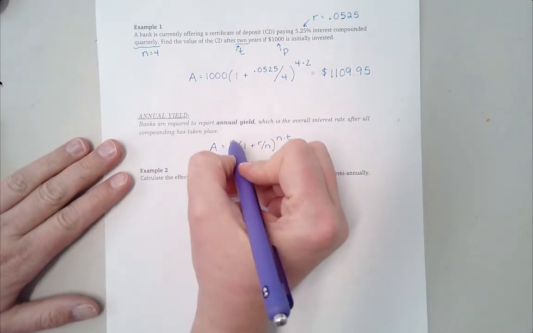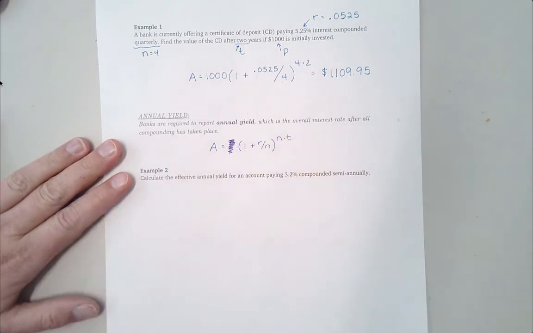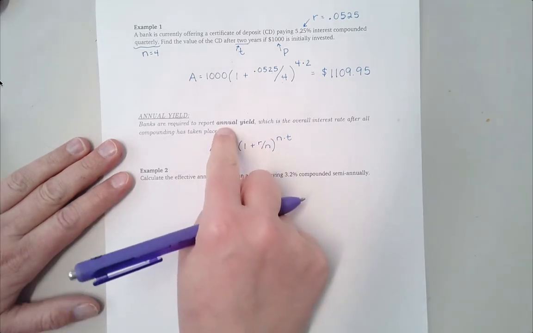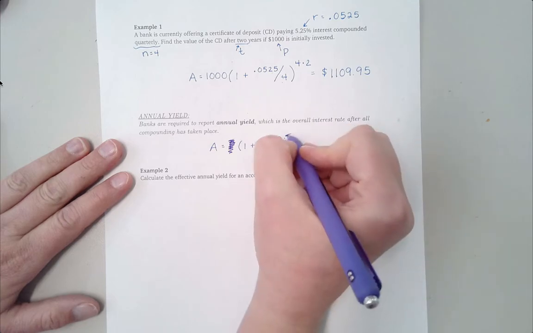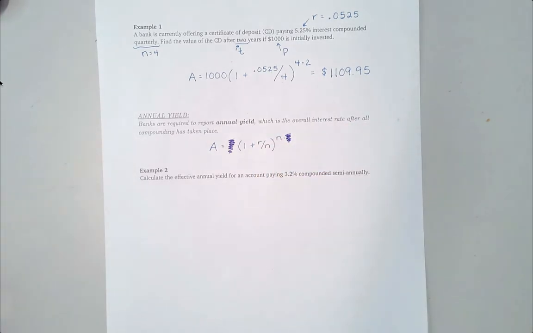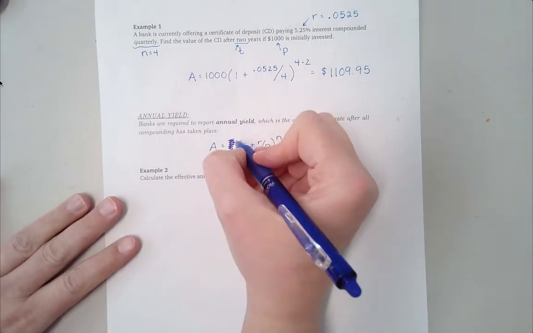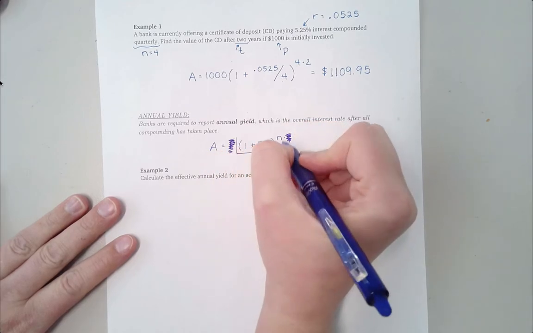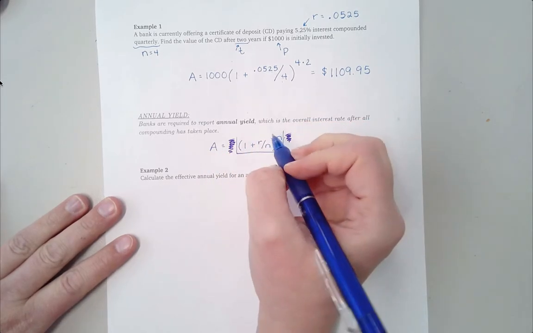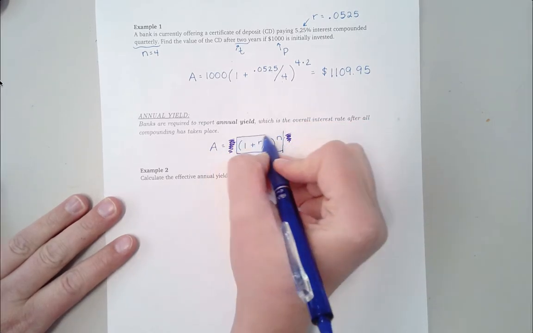So I don't need a principal put in for annual yield. And because I'm looking only at annual, I'm looking at 1 year, I don't need to put in a value for t because I just want to know what will there be after that 1 year. Okay? So this piece of the formula right here is what gives you your annual yield.